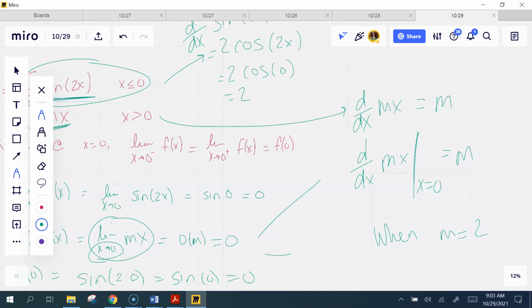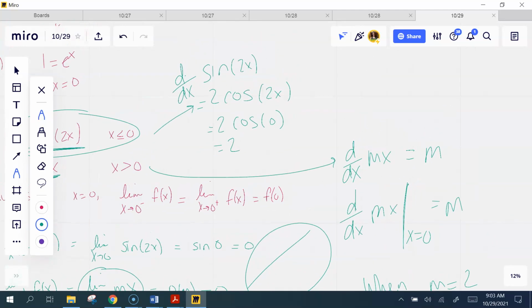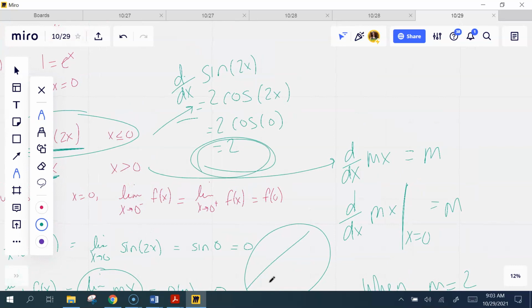So I need this constant slope to be the same as the slope here in order for it to be differentiable. Unless m is 2, it's not.